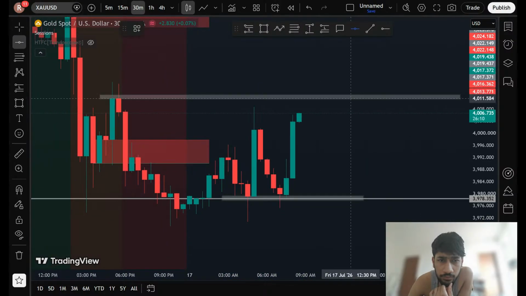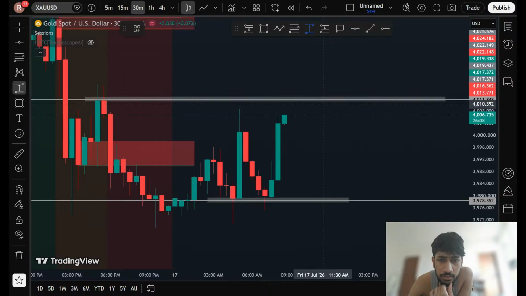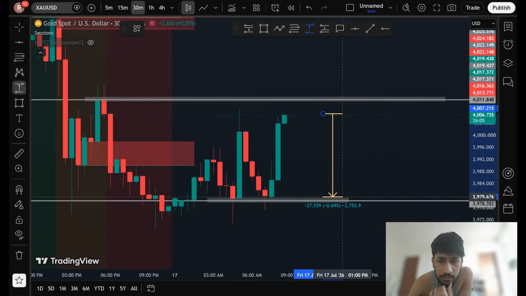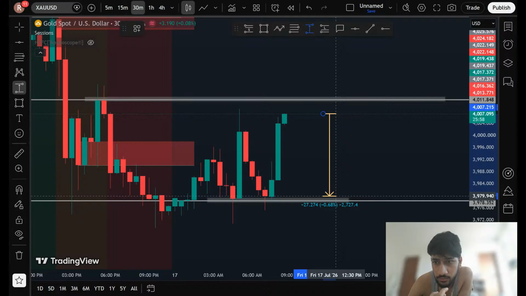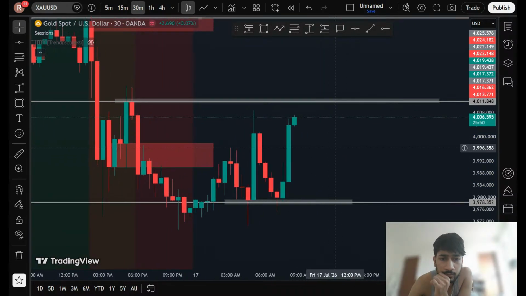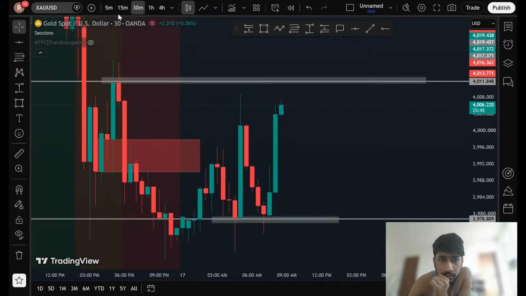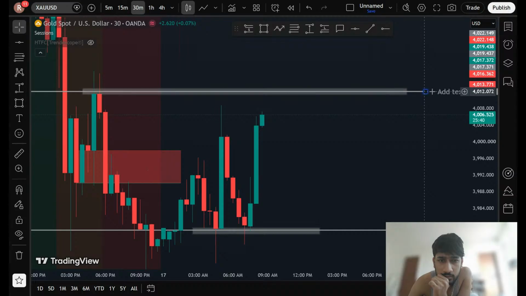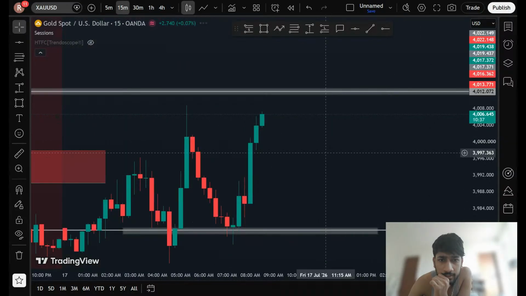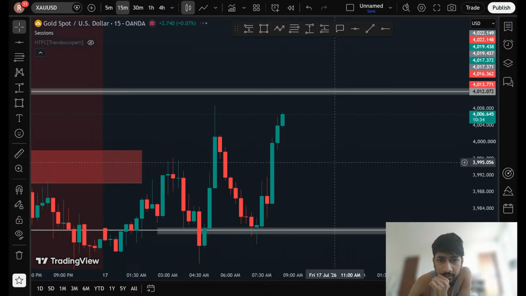If we measure this range, this is a 272 pip range, which is a huge range for gold. In recent days this much range is nothing for gold, but for us it's more, right? Let's take a sneak peek at 15-minute time frame.